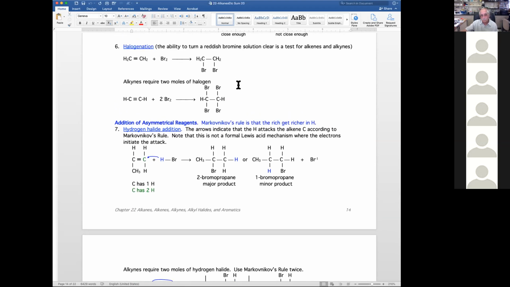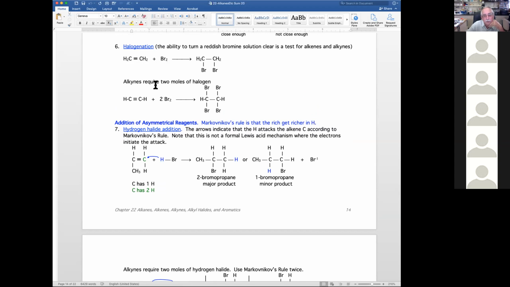And then we have halogenation. So bromine is a reddish-brown solution. So if I take a reddish-brown solution and I put a drop of it into an alkene, it kind of makes that red color go away. Because what's happening is that one bromine is going here, the other bromine is going there.